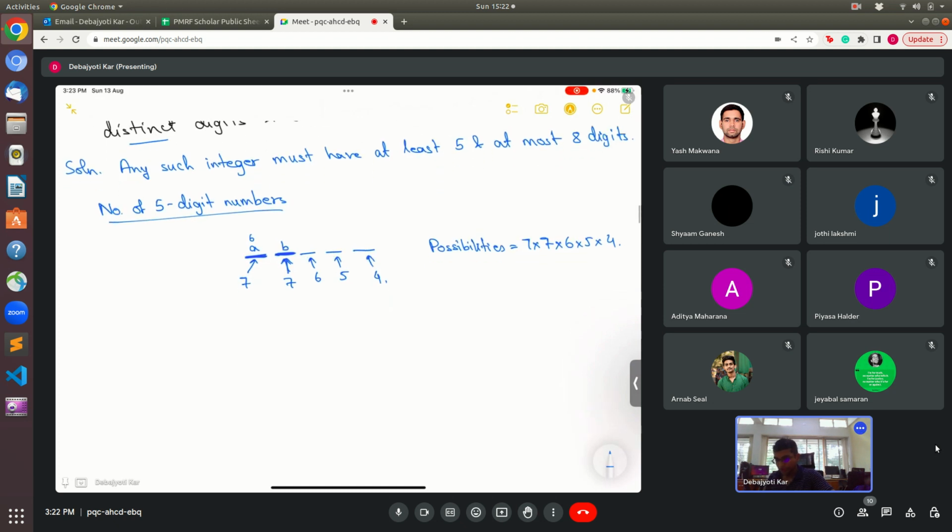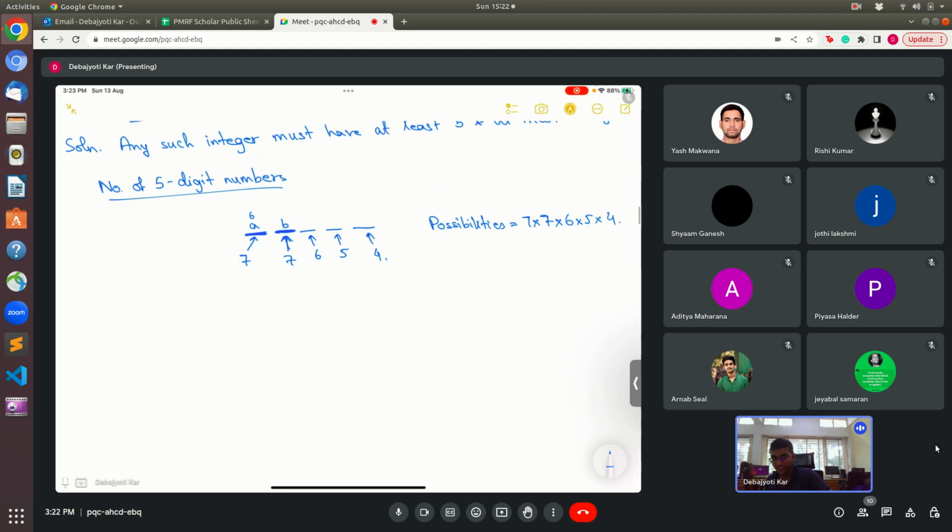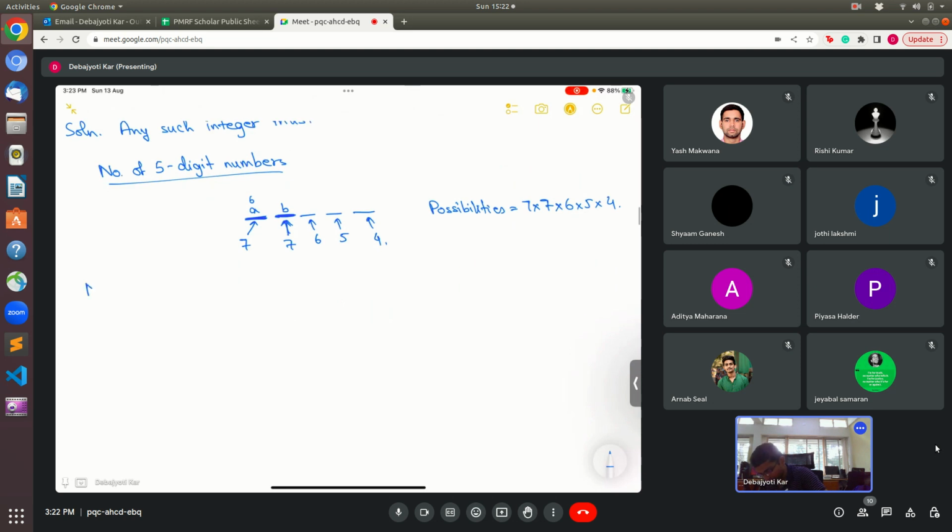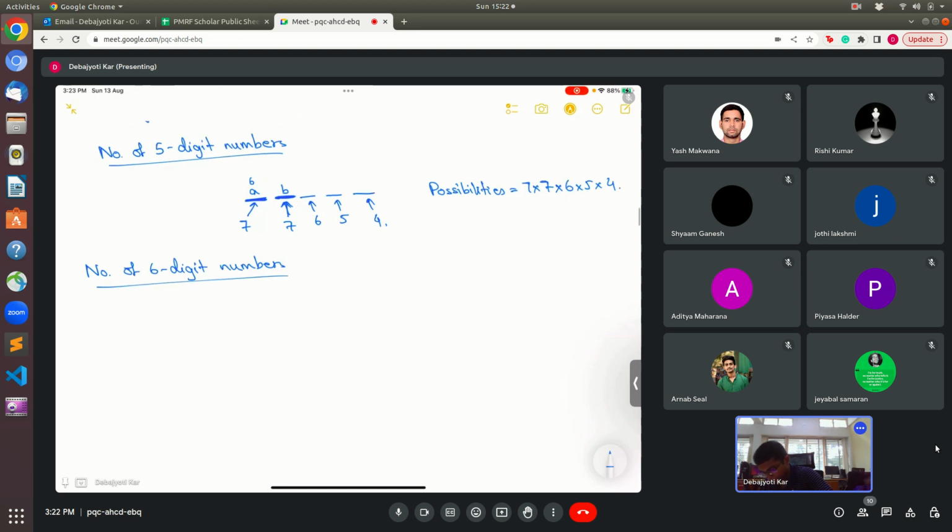Okay, so next we have to count the number of 6-digit numbers. Again, how many possibilities are there for the first digit? The first digit can be anything other than 0, 3 and 5. So again there are 7 possibilities.